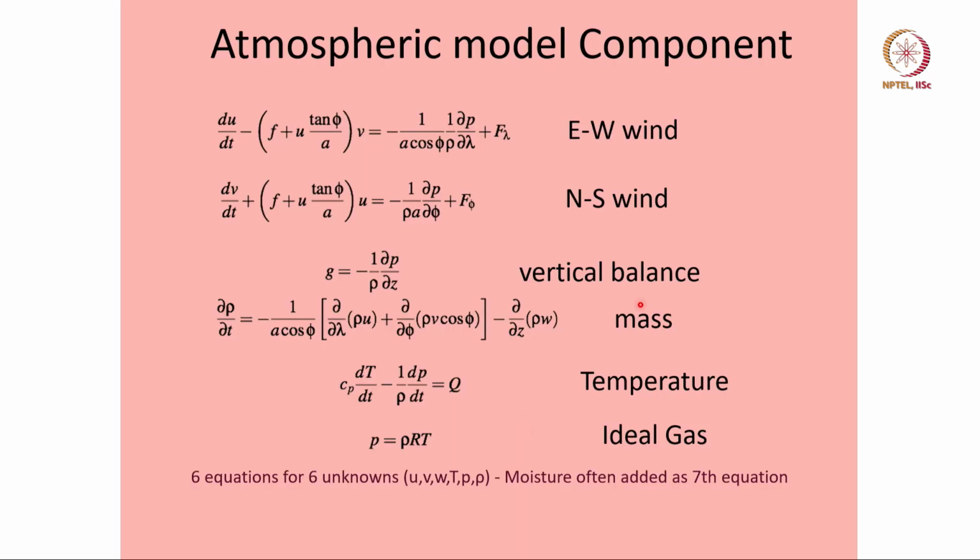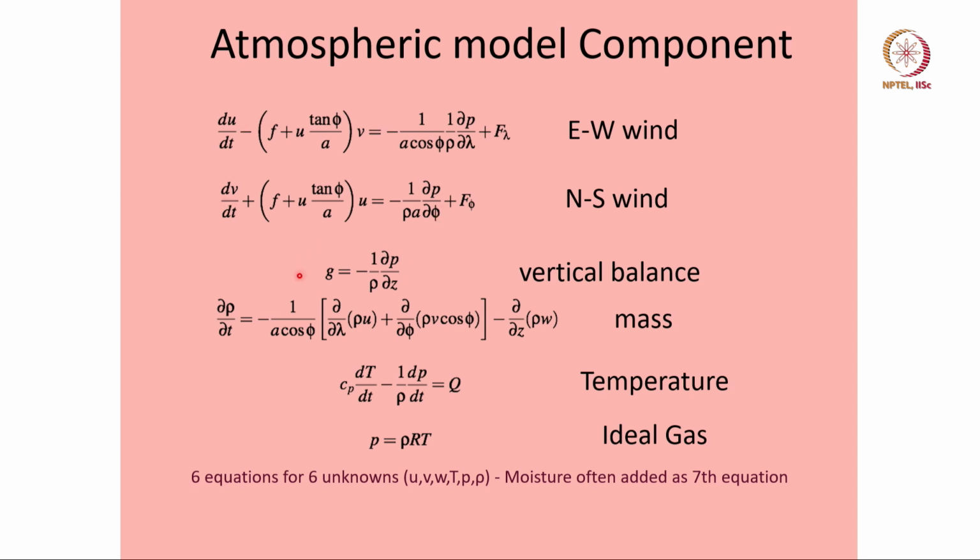Now just to give you one sample, in the case of the atmosphere we have the east-west motion, the so-called zonal wind. It takes into account the Coriolis force that acts on a rotating earth, the pressure gradient, and various stresses which act on it, and the rate of change of velocity. Same thing in the north-south direction.